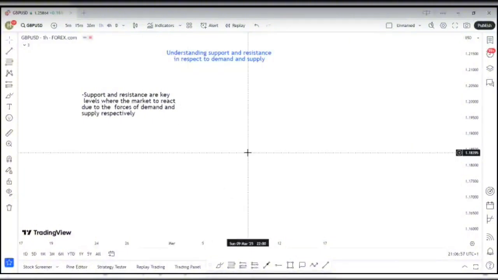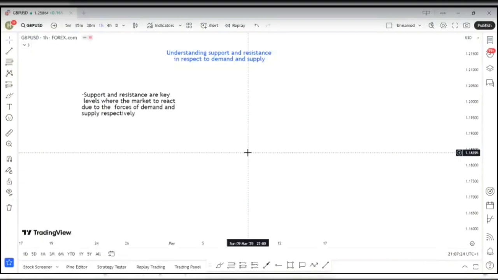Understanding demand. Demand is just buyers, right? It's when there are buyers willing to push price up. An increase in demand pushes price higher. When we have high demand, that means price is going to go higher, like there are a lot of buyers in the market.